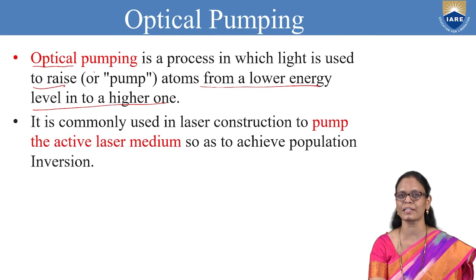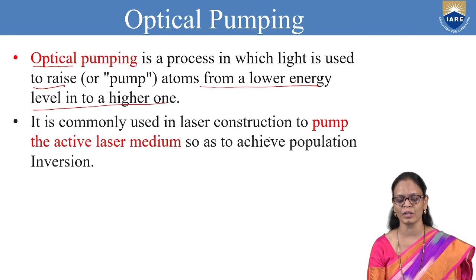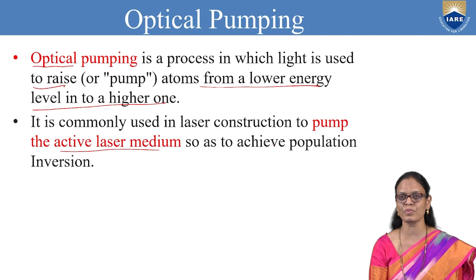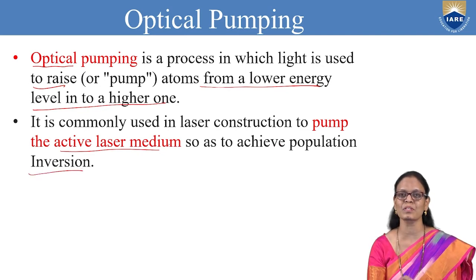That is why we call it optical pumping. It is commonly used in laser construction to pump the active laser medium, so as to achieve population inversion. This is the most commonly used pumping mechanism, so that the atoms can be pumped to a higher energy level.